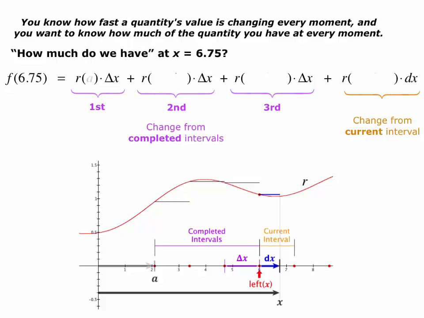R of A, right? That's R of A. It's the rate that we find from the left side of that first completed interval, right? And that's R of A. So this constant rate is R of A. The rate right here is R of A because it's the rate at the left side of the first completed interval, okay?